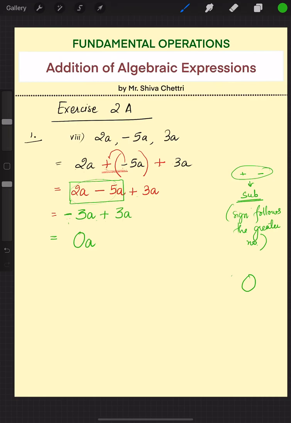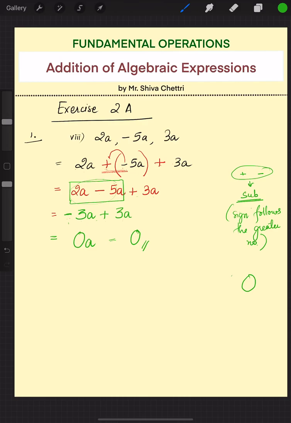So 3 and 3 subtract, you get 0a. But 0a doesn't sound well, so I can just write 0. This is my answer. Let us check. Yeah, 0 is the answer.